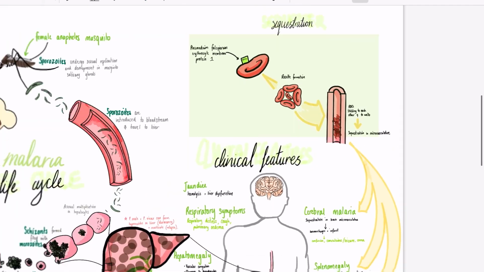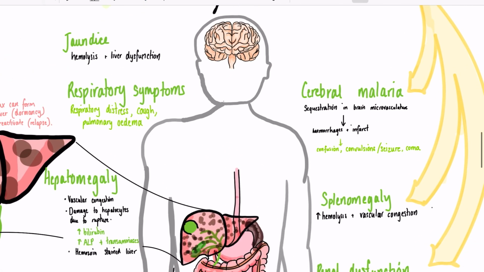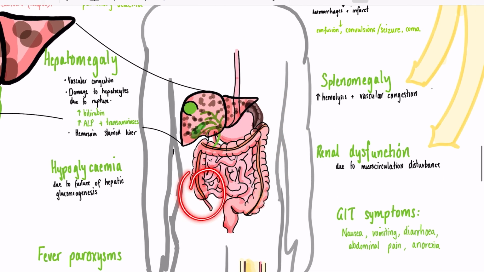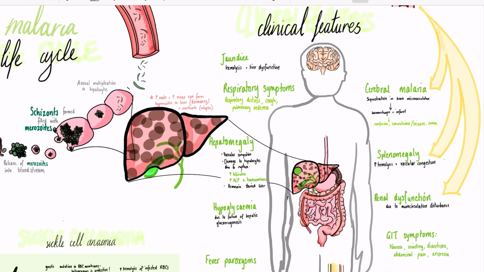If you think about places that have microvasculature, you're thinking of places like the brain, the spleen, the kidneys. Oh, they're not in this photo, and that's going to create some of the clinical features that we'll see.